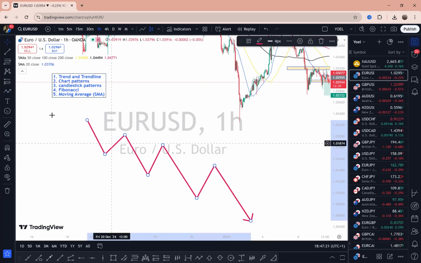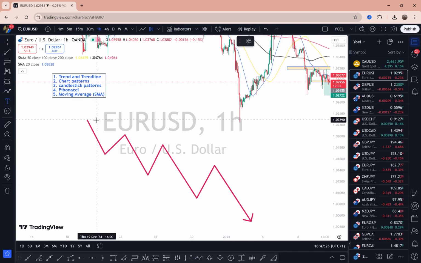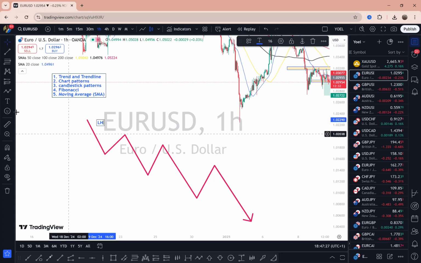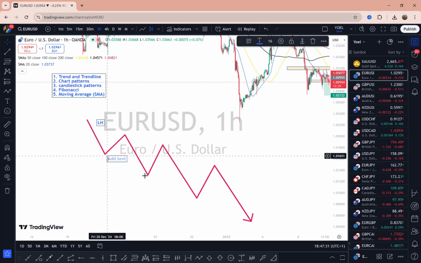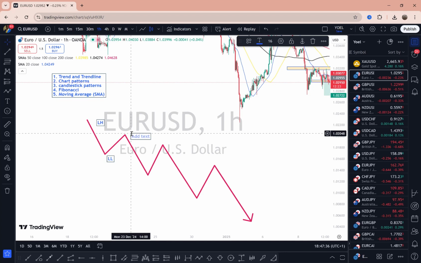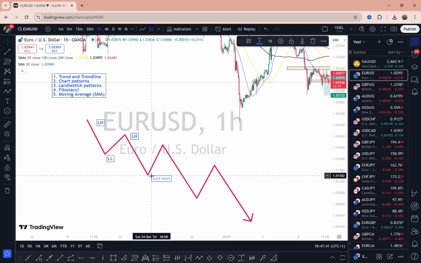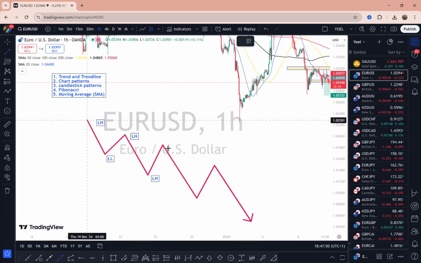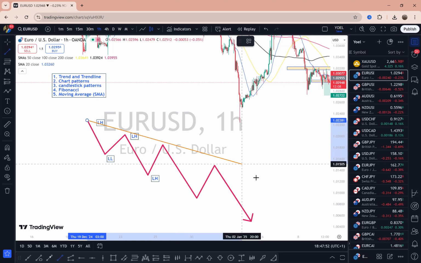In the downtrend, we have what we call the lower high and the lower low. The lower high, then the lower low. Now, this is the trend line connecting all the lower highs together, 2 or more.